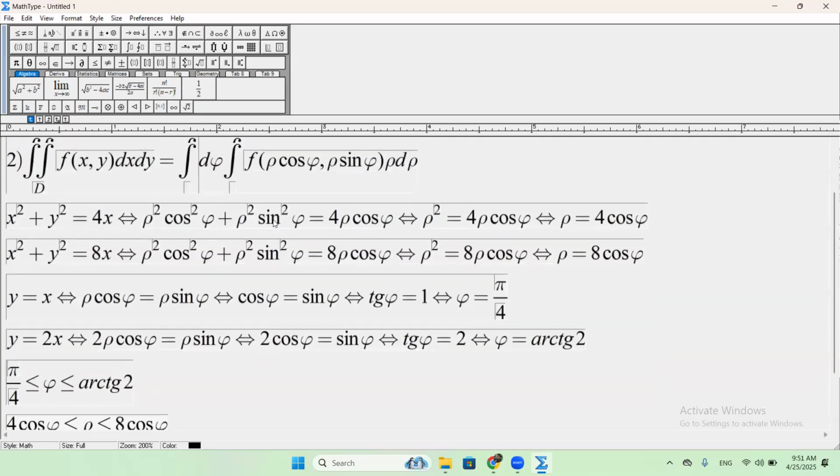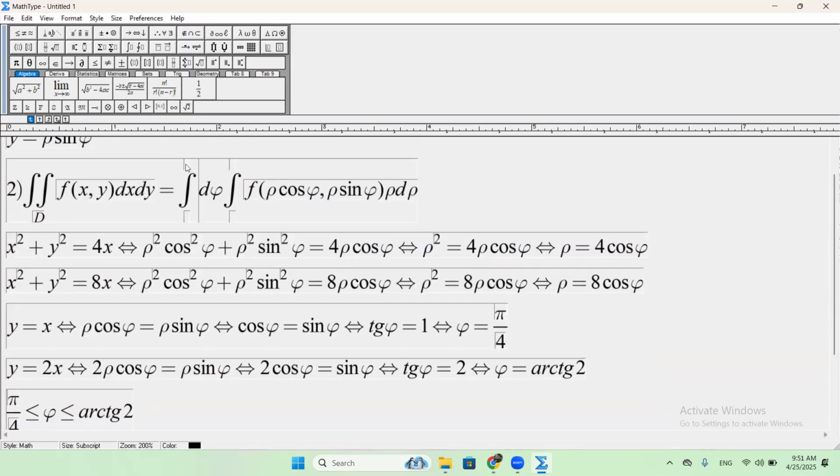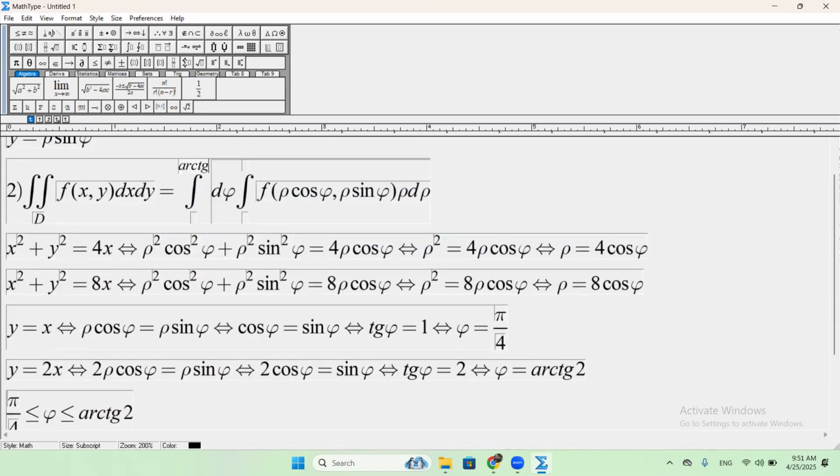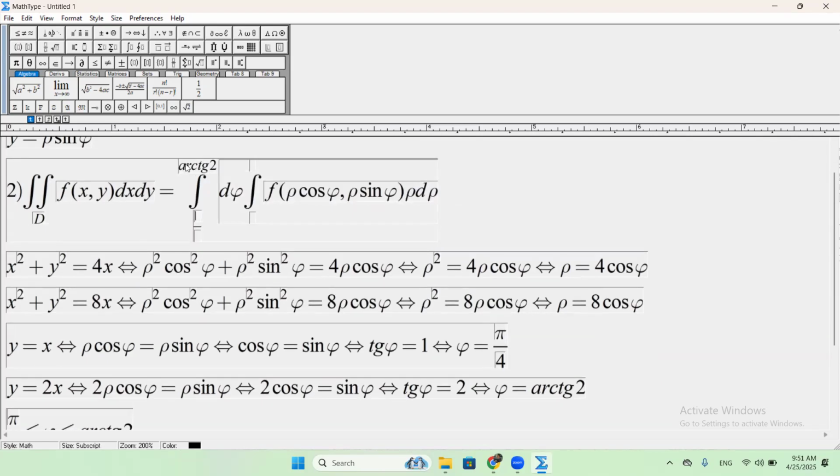And now let's substitute them into the integral. So the integral of d phi from pi over 4 to arctangent of 2, and rho is from 4 cosine of phi to 8 cosine of phi.